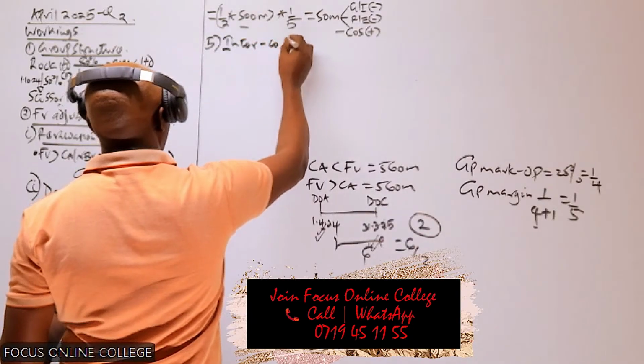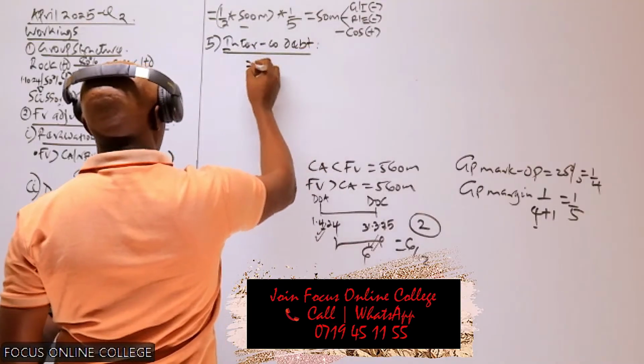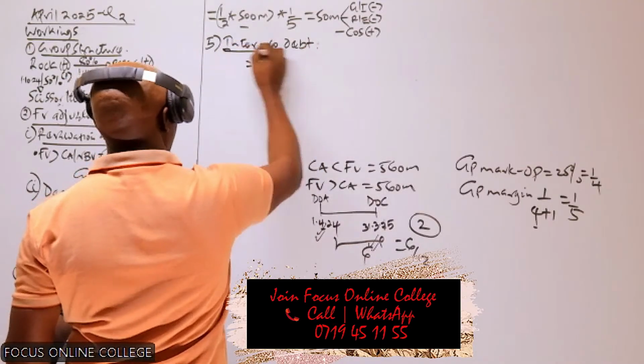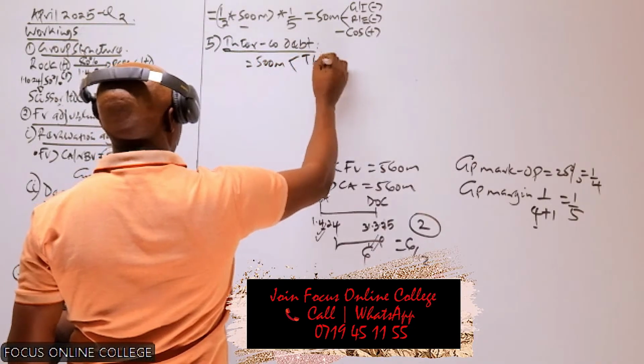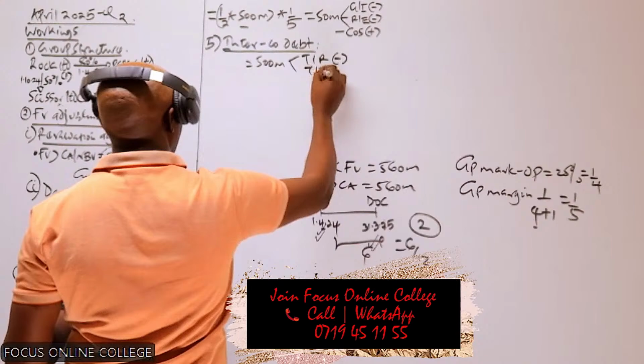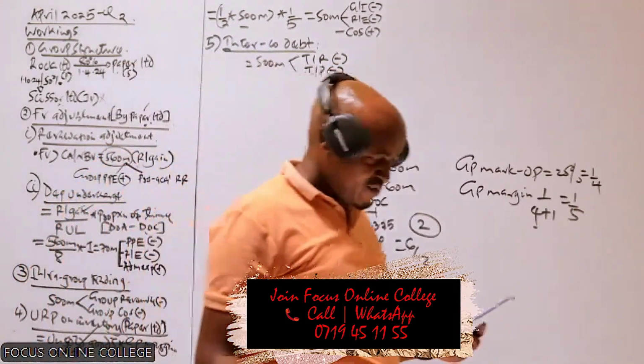In this case, it will be 500 million. This one will be deducted from the group receivables, and also from the group payables.